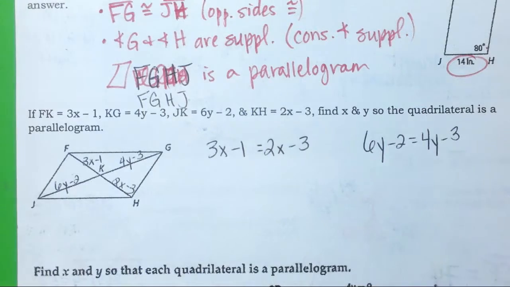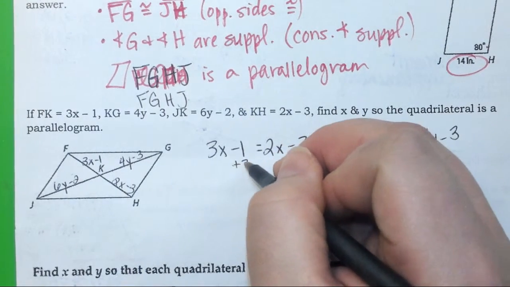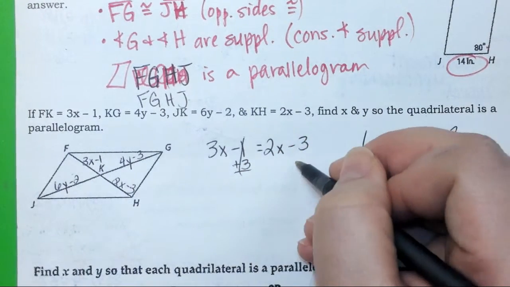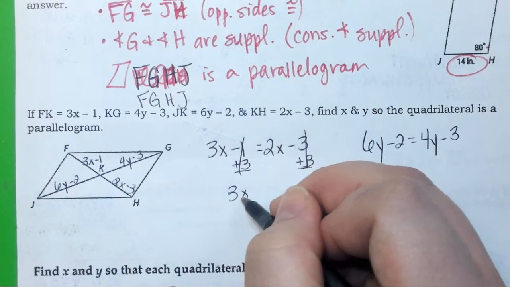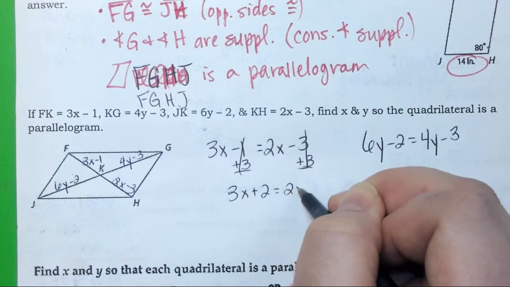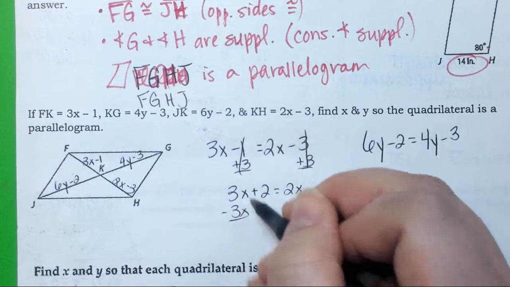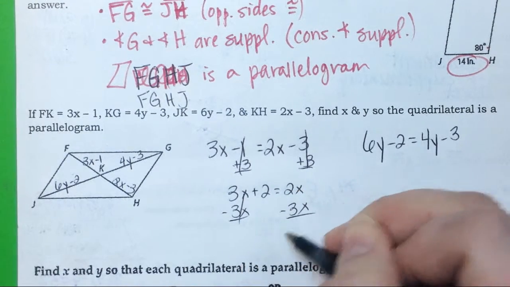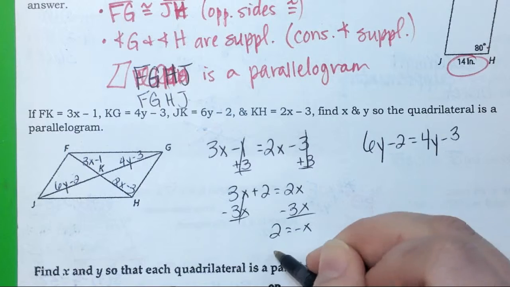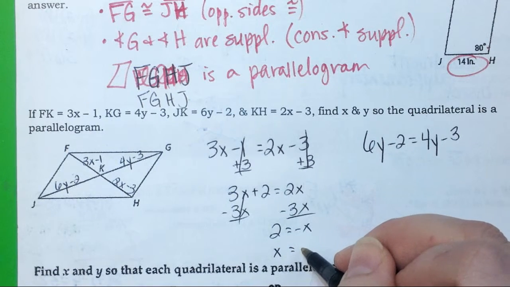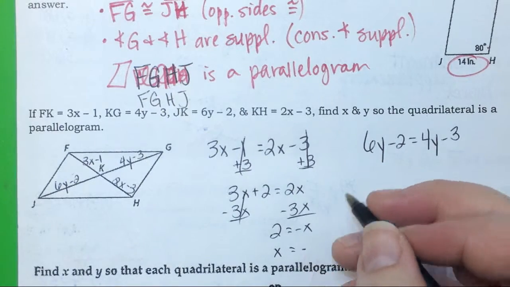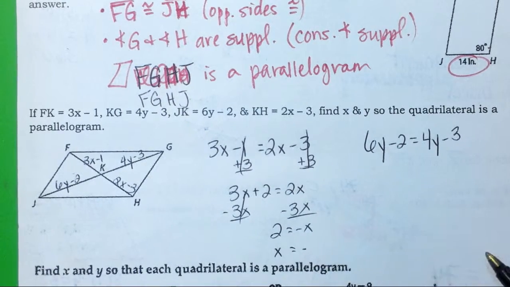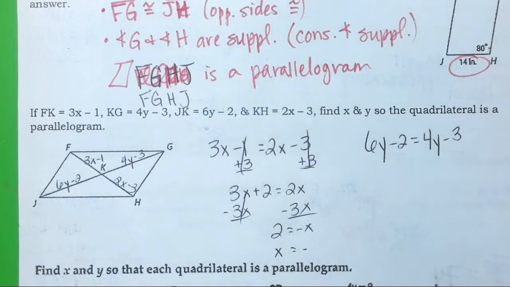And if you solve, I got x equals negative 2, which can't possibly be right, so Ms. Compton needs to check her math this morning.